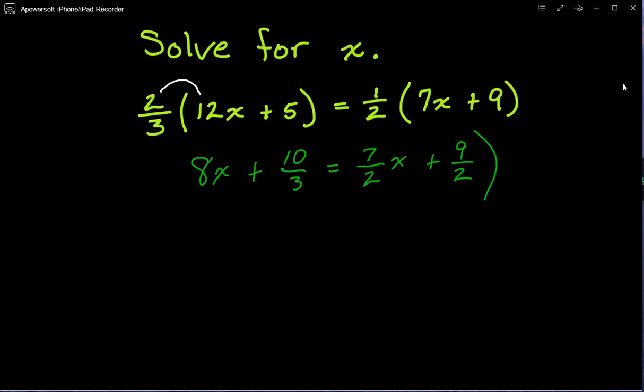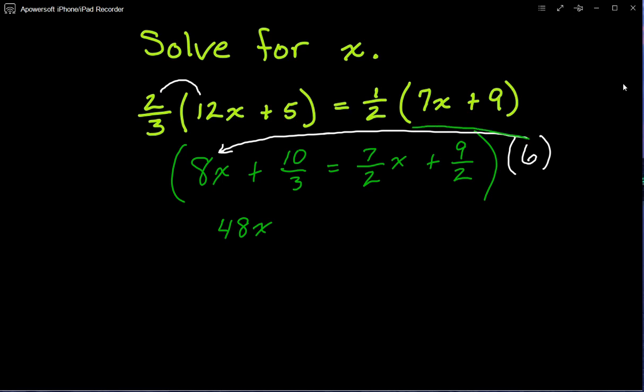All right, so common denominator. We have a 3 and we have a 2. So the smallest number that both of those will divide evenly into is going to be 6. So that is what we will multiply every term by. So 6 gets multiplied first by the 8, and that will give us 48.